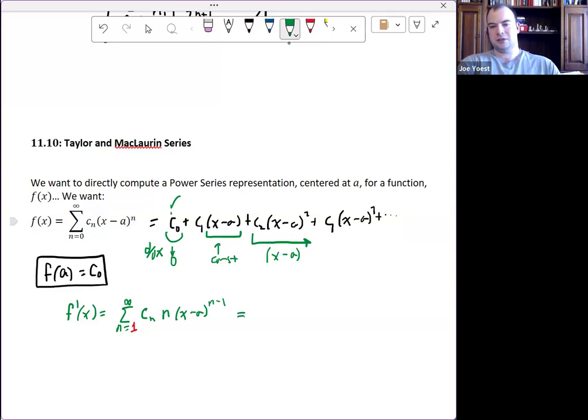Well, if I differentiate this power series up here, the c naught differentiates to 0. My c1 times (x minus a), so I have a c1 x term and then a minus c1 a term. The minus c1 a differentiates to 0, and my c1 x differentiates to c1. And then I have 2 c2 times (x minus a) plus 3 c3 times (x minus a) squared, and so on.